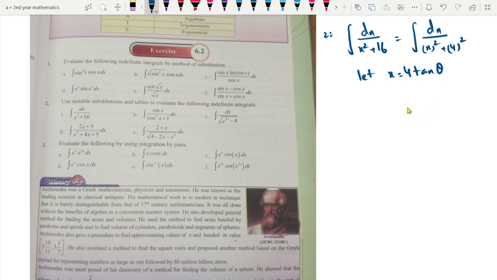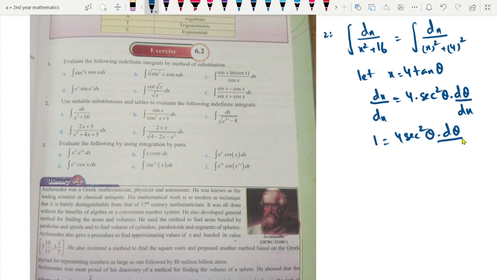So taking the derivative of this on both sides, dx divided by dx is equal to 4 secant square theta d theta divided by dx.